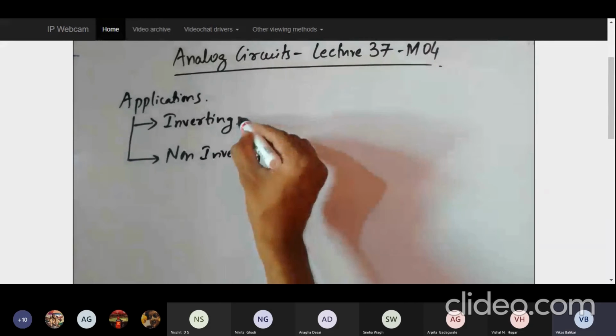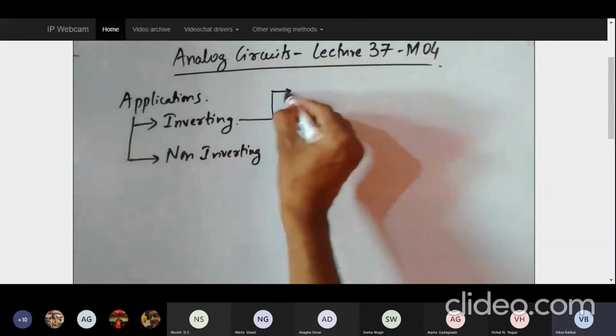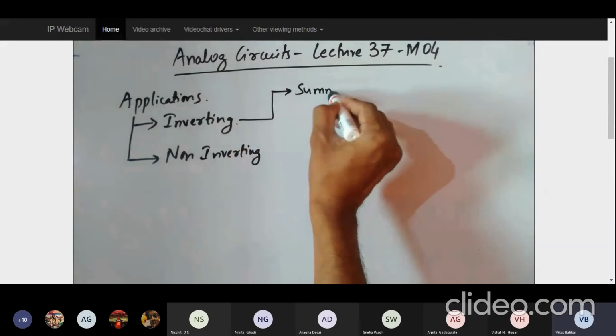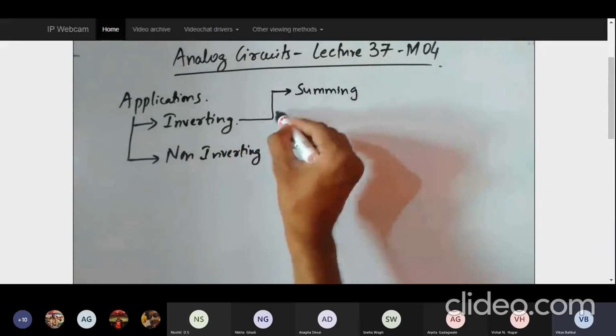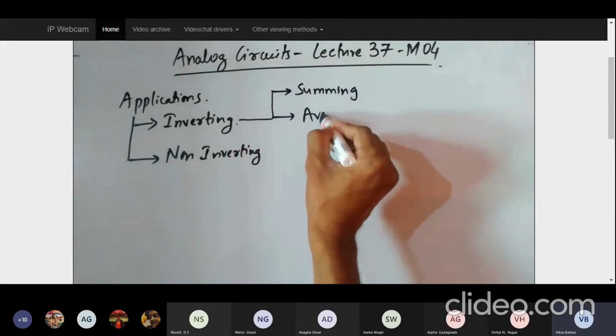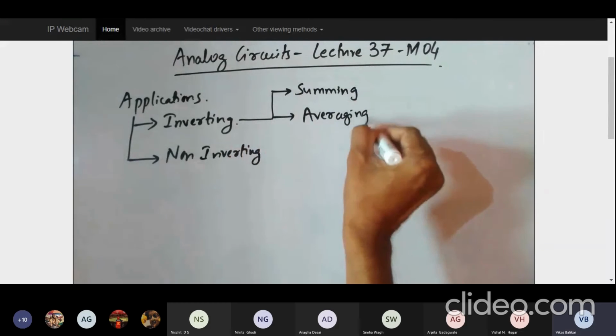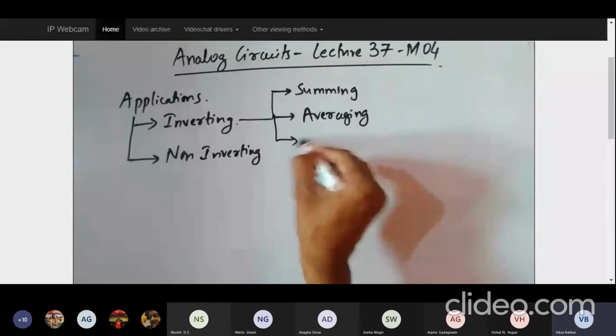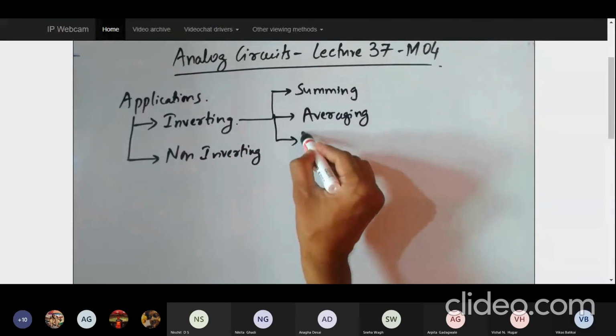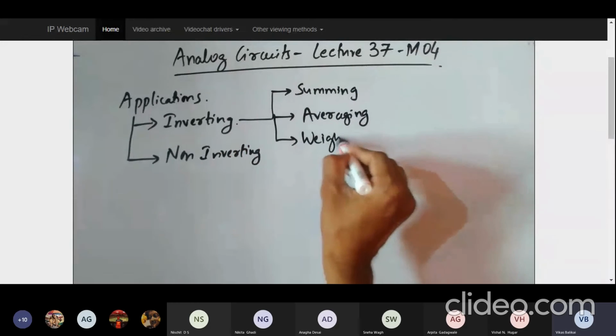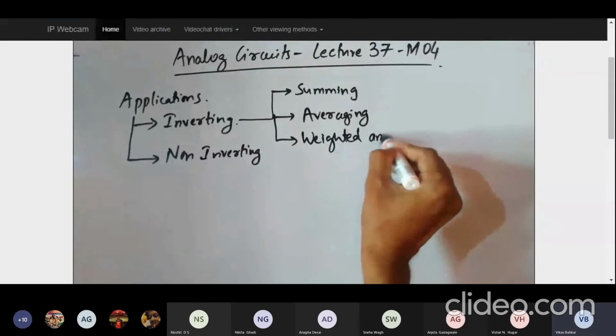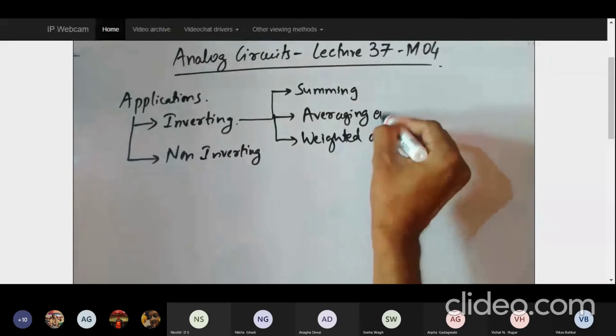Now, when we started with the inverting applications, we got through the summing amplifier. Then we tried to figure out what the averaging circuit was. Then we looked into something called the weighted amplifier, right?